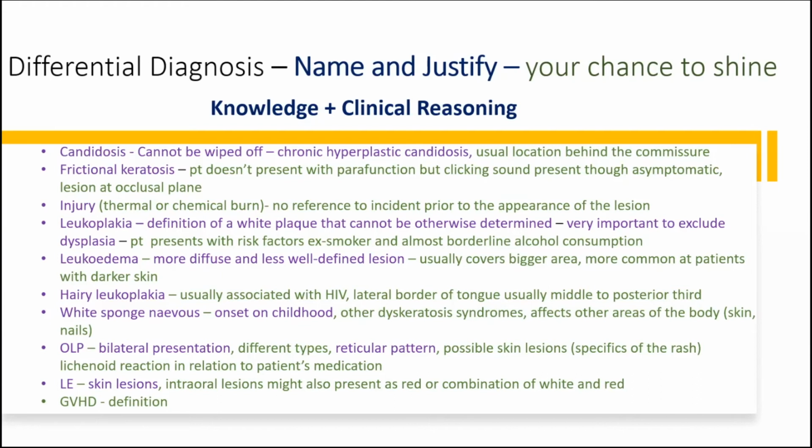Mention the lichenoid reaction, especially in relation to the patient's medication. Patients take metformin and atenolol, especially metformin, but atenolol as well, can cause lichenoid reaction in the mouth. And with lupus, we usually have skin lesions. The intraoral lesions might also present as red or a combination of white and red.